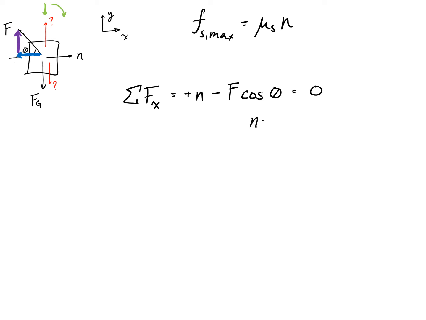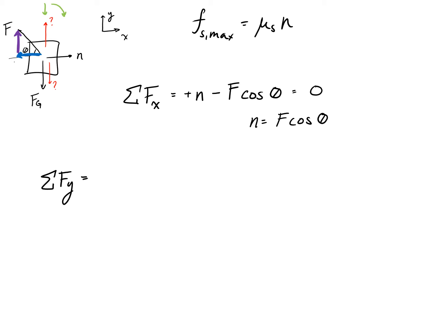So when I calculate the normal force, it's going to be normal force is equal to the force I'm pushing with, F cosine theta. Again, I don't want to do numbers here to figure out what's happening. So I want to think about two things at the same time. And this is where this particular question gets difficult. Let's think about the net force in the y direction.